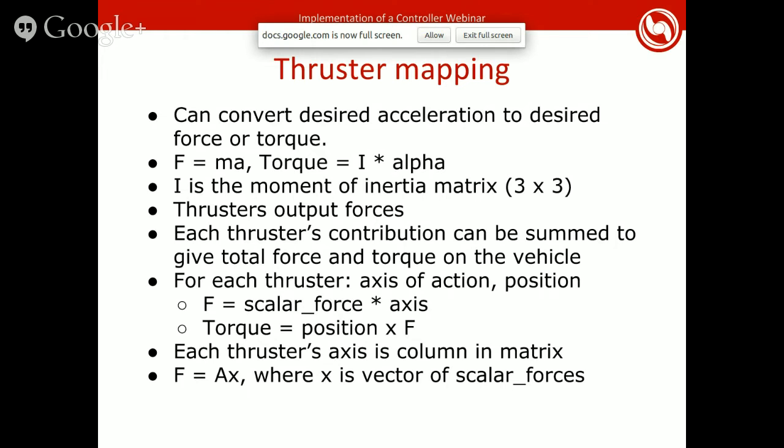You might think, what's the big deal? It's just a scalar value. It's a unit conversion. It doesn't really change anything qualitatively about the quantity. That's correct. Where this really comes into play is in angular accelerations. You want to convert your angular accelerations to torques by scaling them with the moment of inertia matrix, which is a 3x3 matrix that captures the way mass is distributed around the center of mass of the vehicle.